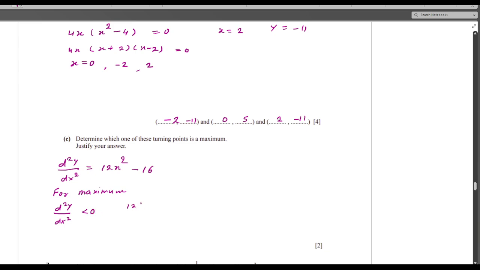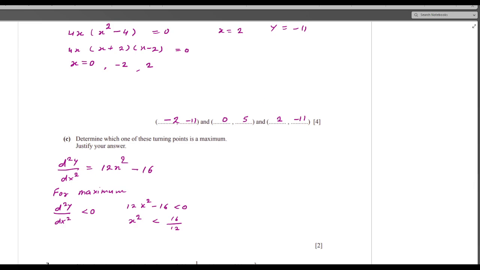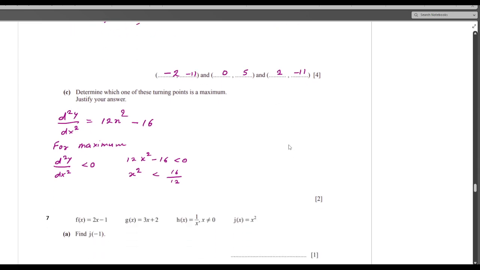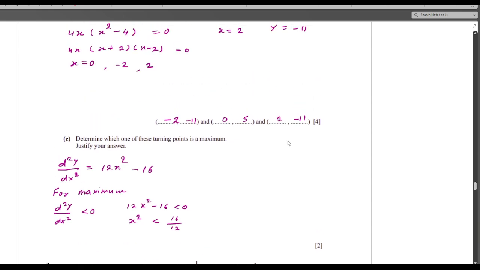So here 12x square minus 16 less than 0 indicates that your x square will be less than 16 divided by 12. That suggests that your x value is going to be 0, because 0 is less than 16 divided by 12, right?